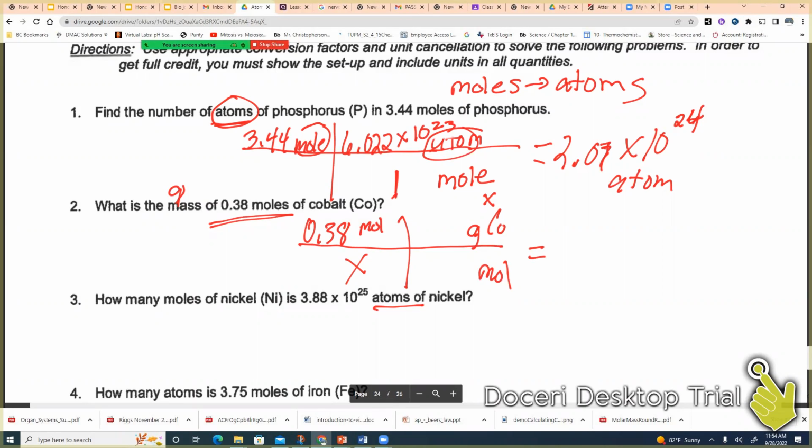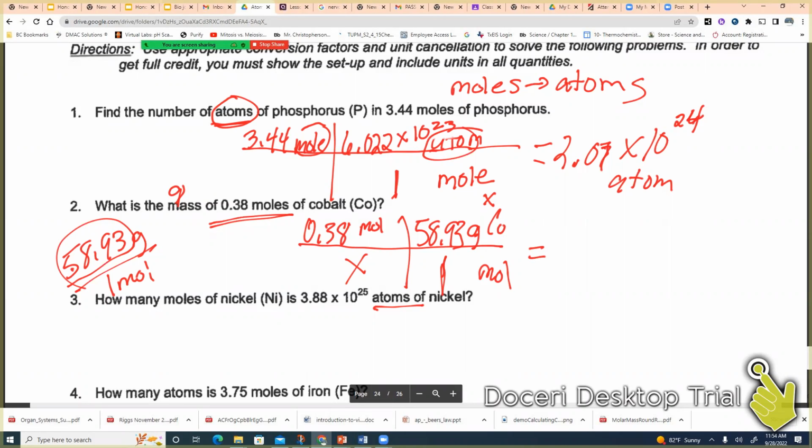Now I just need to grab a number off the periodic table, which is what? If you look, it's 58.93 grams per 1 mole. This is just an element. So now I have to decide where to put it. My mole has to have a 1, and this number, 58.93. So at this point, what are you going to do? Multiply or divide? Multiply. How many sig figs? 2.